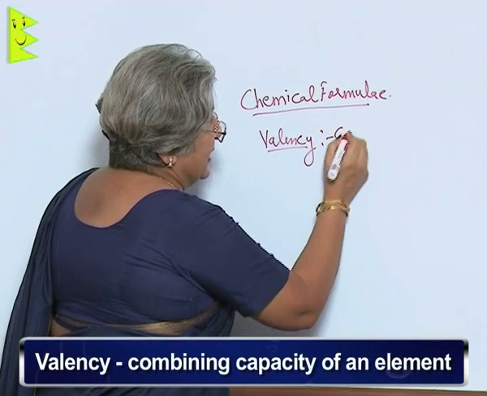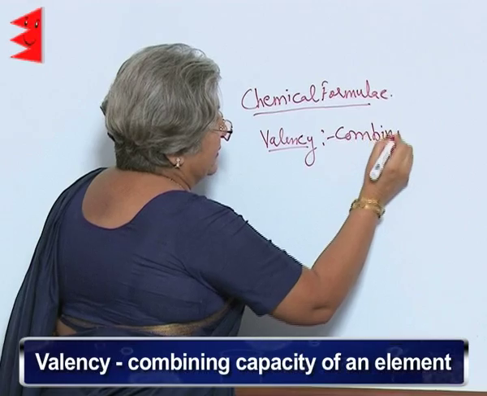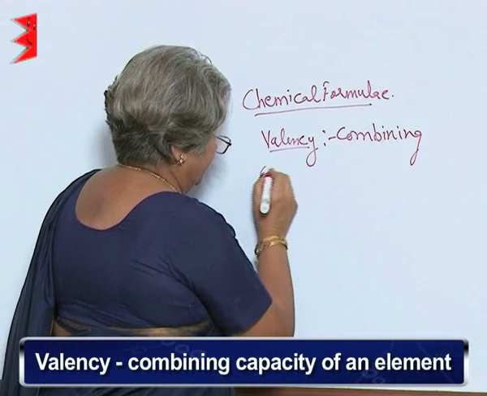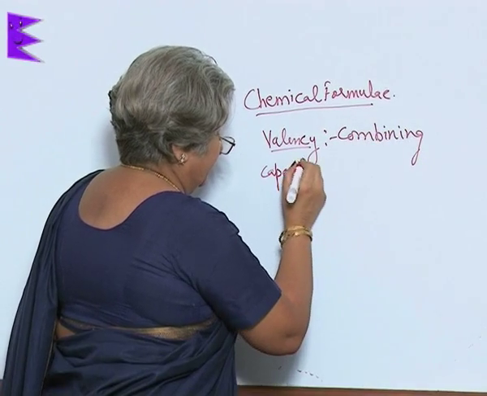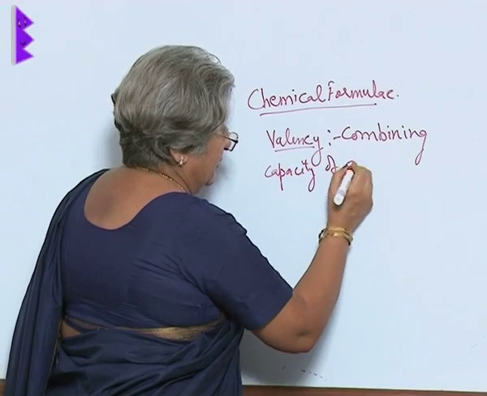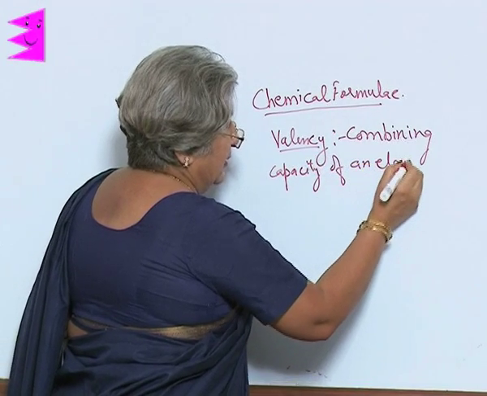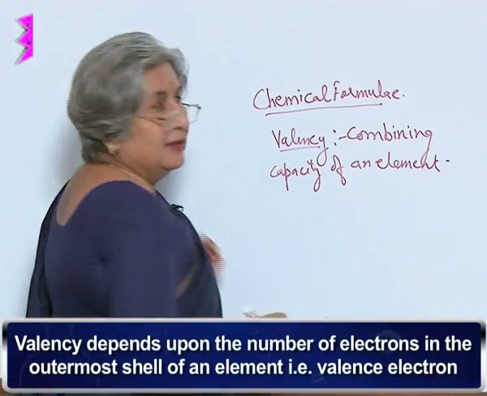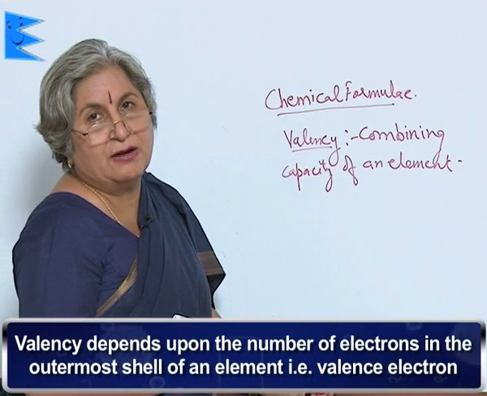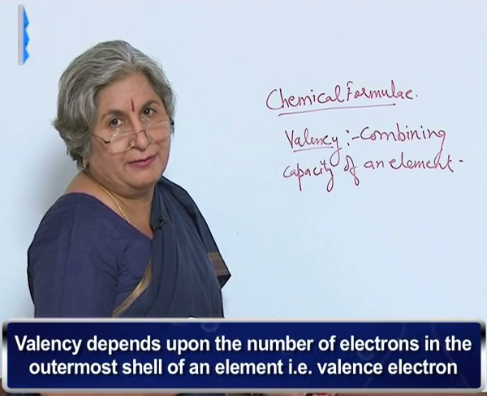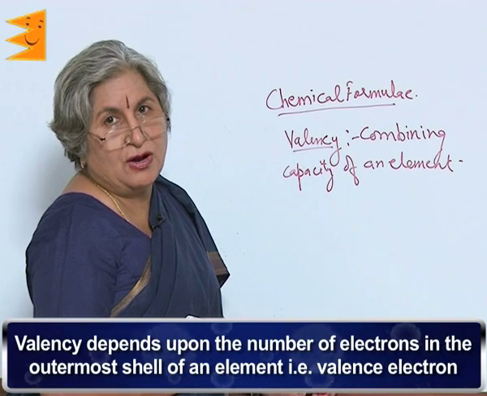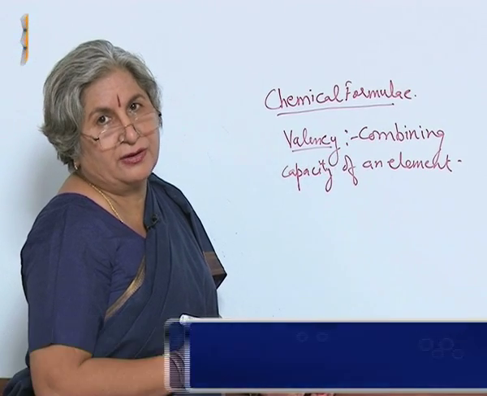Valency is the combining capacity of an element. And it depends upon the number of electrons in the outermost shell of an element, which are called valence electrons.